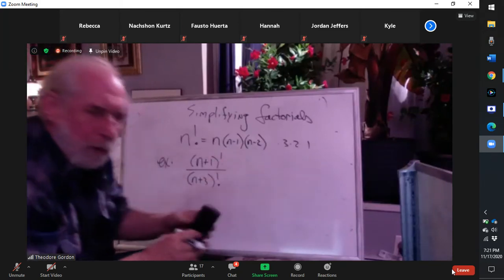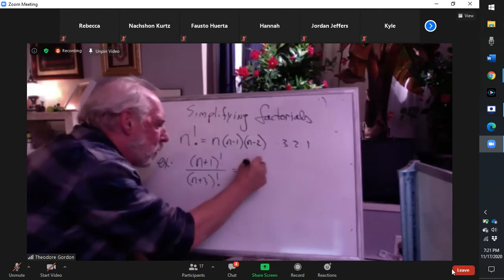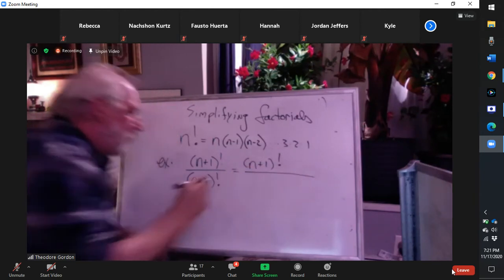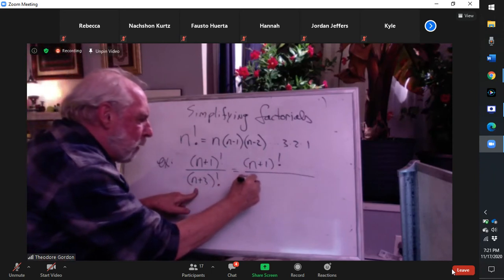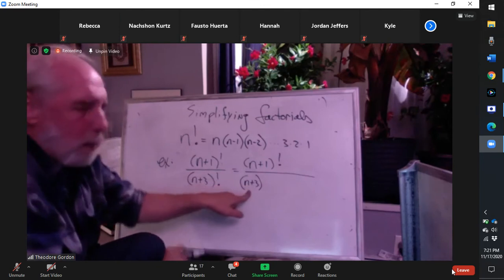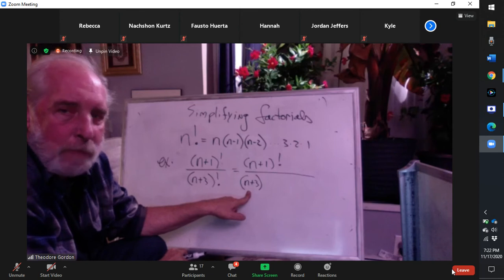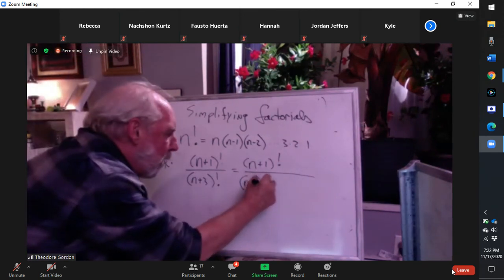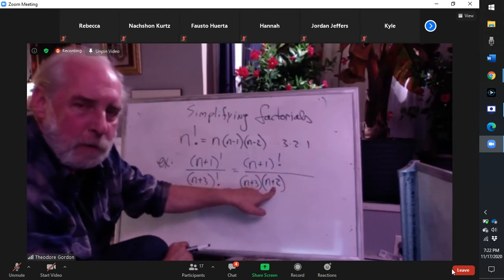So I'm going to do a couple of these examples. On the top, we have n plus 1 factorial. On the bottom, n plus 3 factorial would be n plus 3. What's 1 less than n plus 3? N plus 2. Right, n is a number. So next would come n plus 2. And what's 1 less than n plus 2?